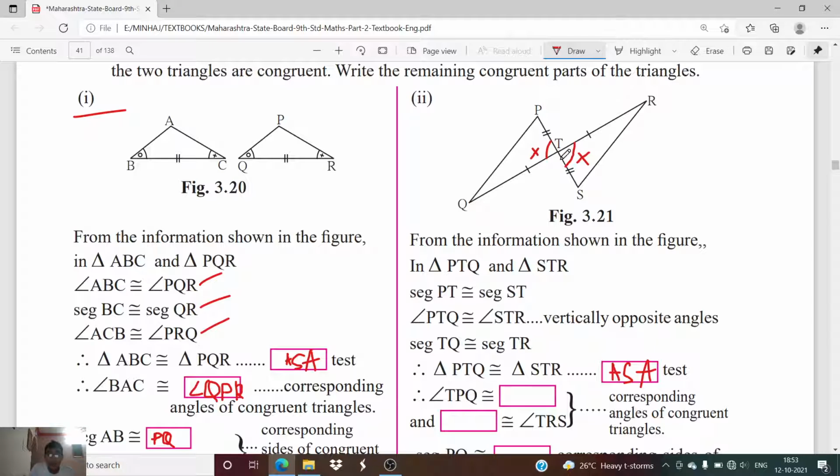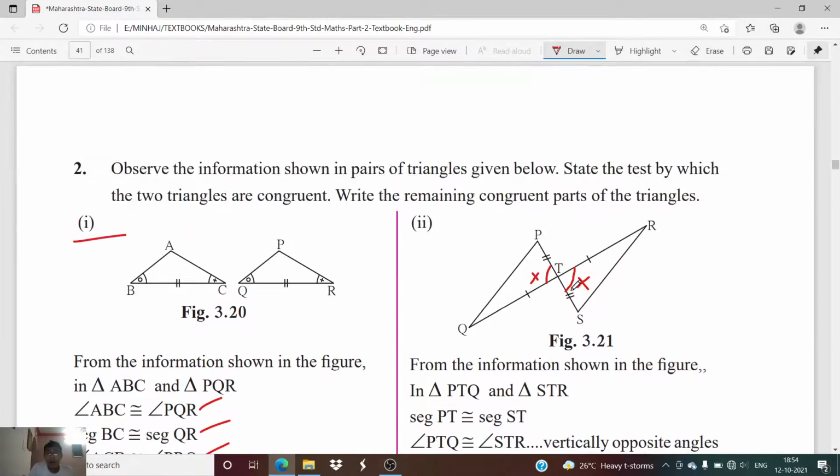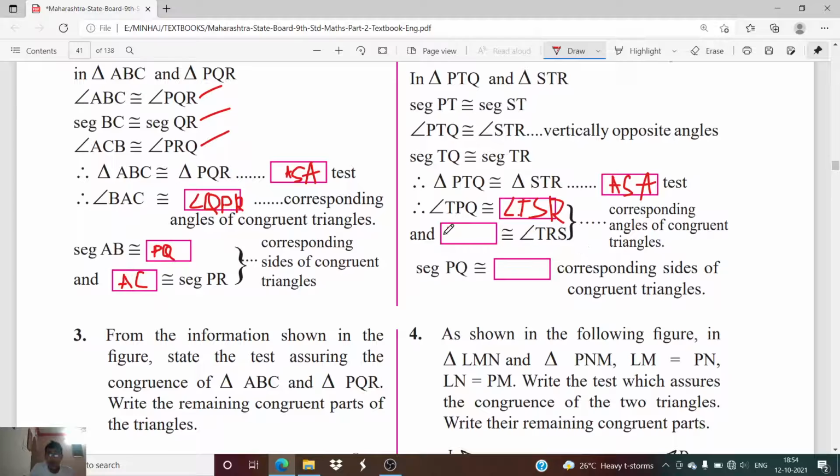So we can also mention the corresponding angles and corresponding sides in that case. Angle TPQ is congruent to angle TSR. Then angle TQP, this angle, and angle TRS, this angle, both these angles are also congruent.